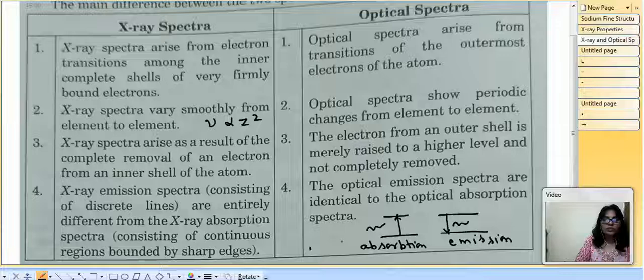So all the frequencies or wavelengths of energy will be absorbed in the absorption, but there will be a sharp edge when it is close to the K shell, or the L shell or M shell energy. Whereas in this case, the energy difference remains the same in emission as well as in absorption. So these are a few points for comparing X-ray spectra and optical spectra.